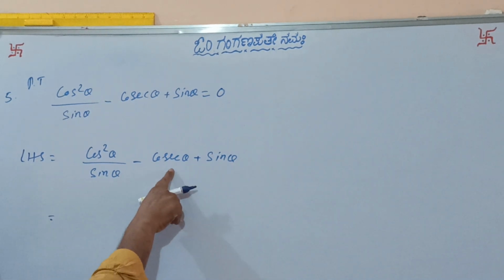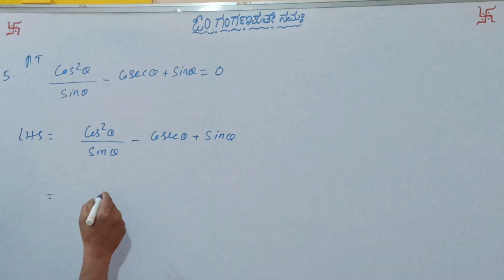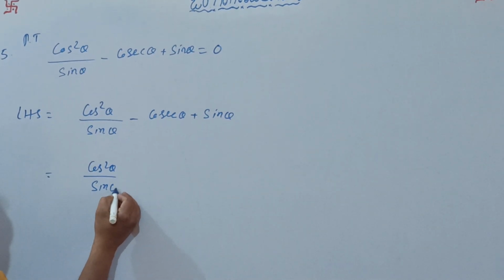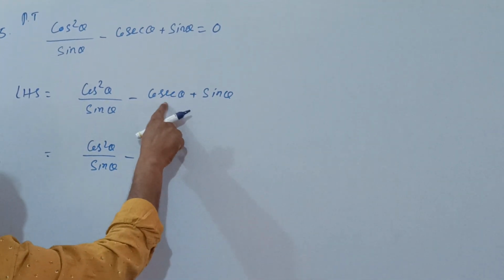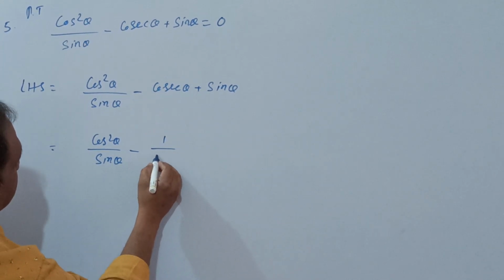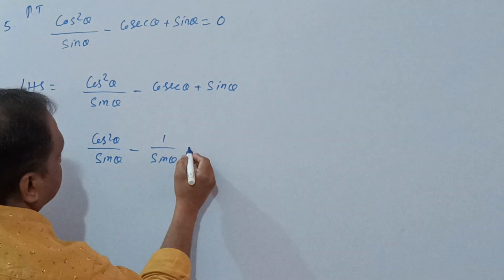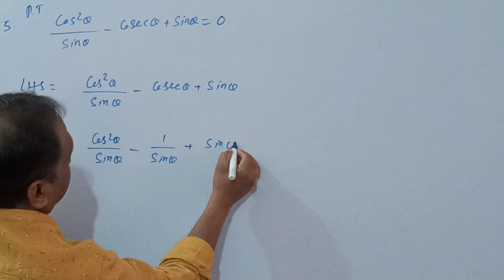What I will do, cosec theta I will take it as a reciprocal. Cos square theta by sin theta I will keep it as it is, minus cosec theta, 1 by sin theta. Cosec theta is 1 by sin theta reciprocal. Sin theta I will keep it as it is.